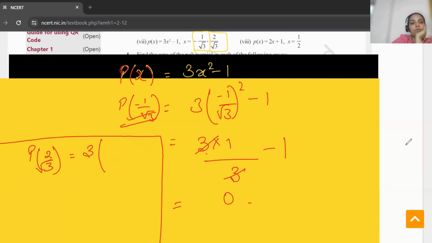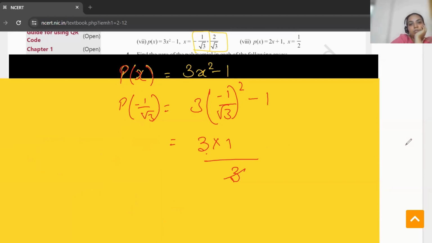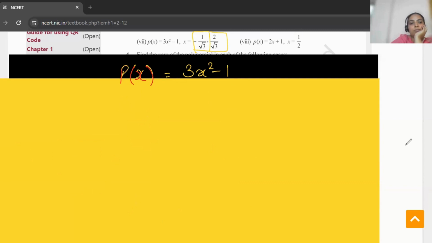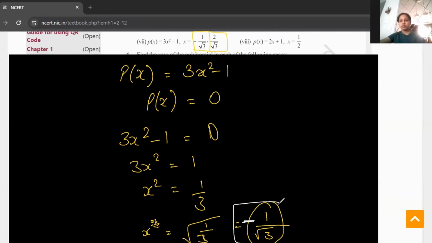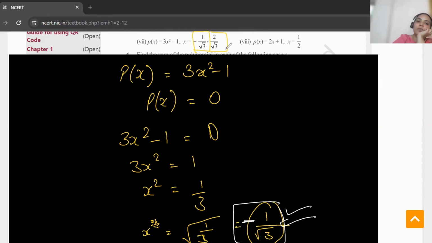I'll have to move a little backwards, clearing each and every step, so that I can show you that when I wrote x equals to 1 by root 3, at that time negative 1 by root 3 was equally good. Why? Because this square when transposed to the other side becomes a root, so the value can be negative as well. Understood or not? Yes, ma'am. So this can be the 0, the other one is not.